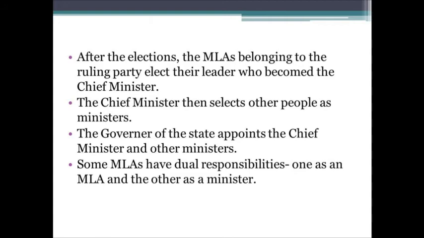As I already told you, some MLAs have dual responsibilities, one as an MLA and the other as a minister. So that was all about the state government.